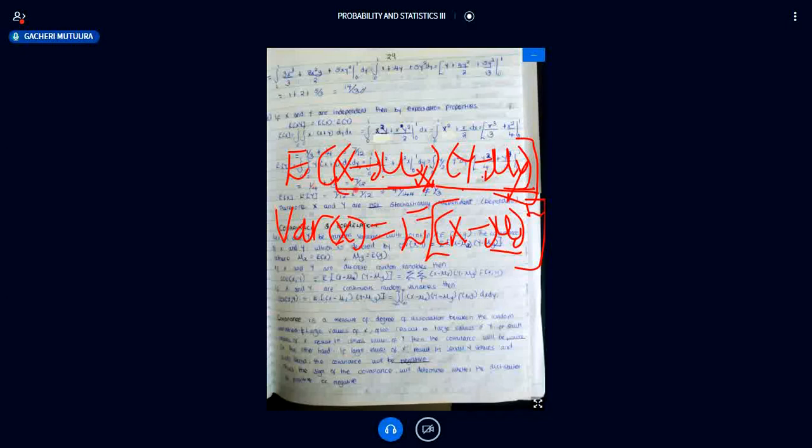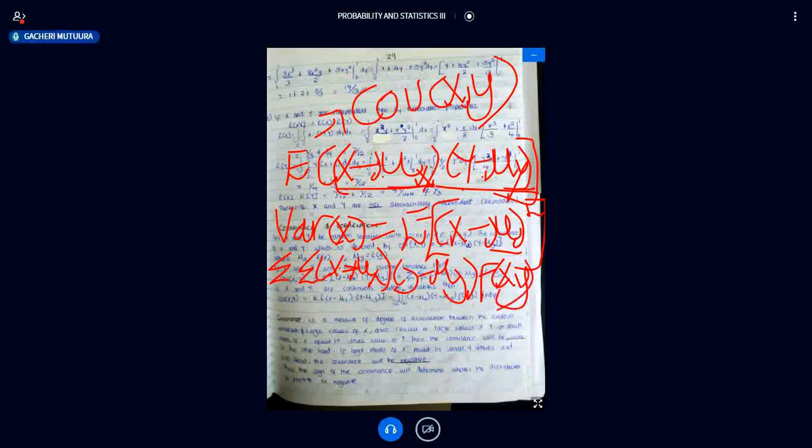So this expected value of x minus mu x into y minus mu y is what we call the covariance of x, y. And of course it is obtained using the definitions that we defined for obtaining expectations. If you're dealing with a discrete random variable, this will be the sum of x minus mu x, y minus mu y into fxy.